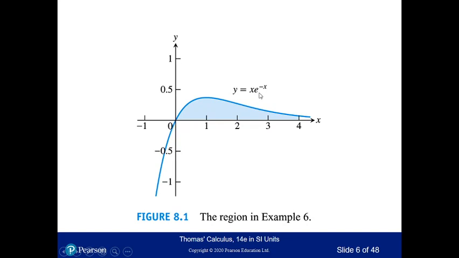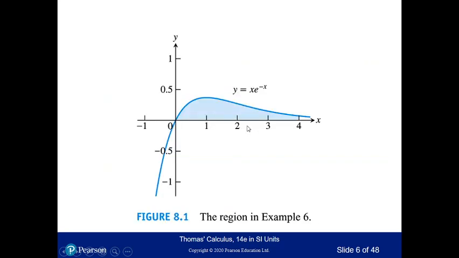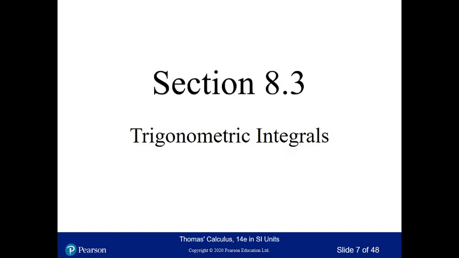You are going to let x be u and e to the negative x dx be dv, so dx is going to be du, and negative e to the negative x is v. Then you go back to the formula, put everything in, and you get a result. I'm going to solve some more problems on that. It's going to give you the area between 0 and 4. We have to practice integration by parts.